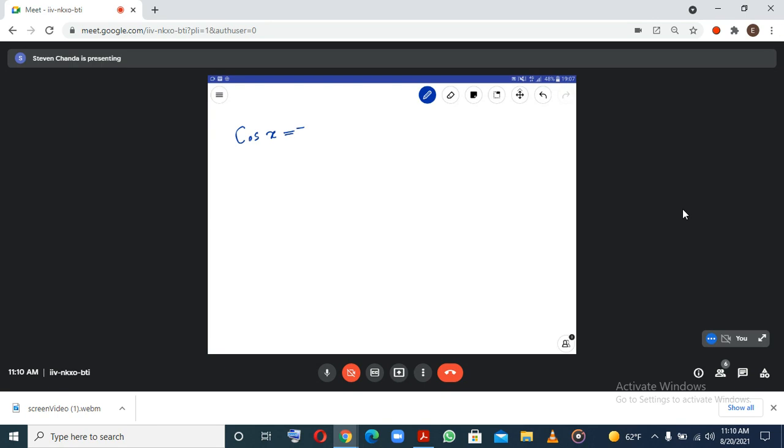So remember, when we are doing this half angle formula, we use the power reducing formula, okay? Like we did for sine.